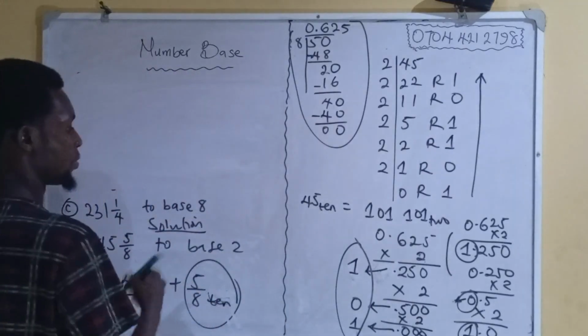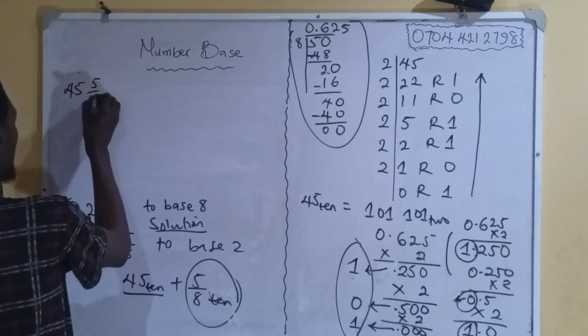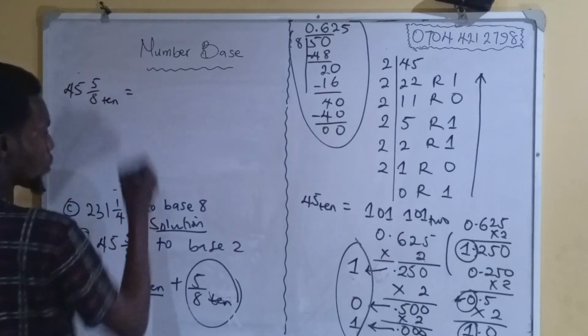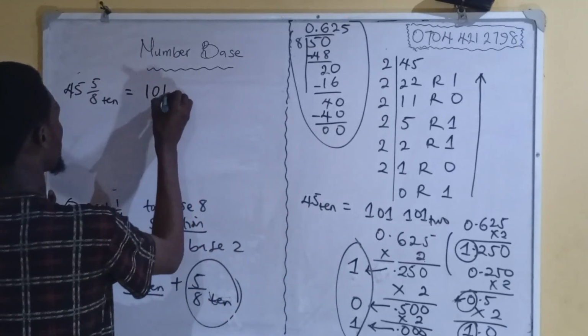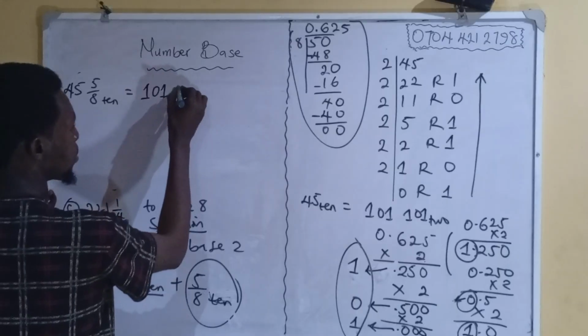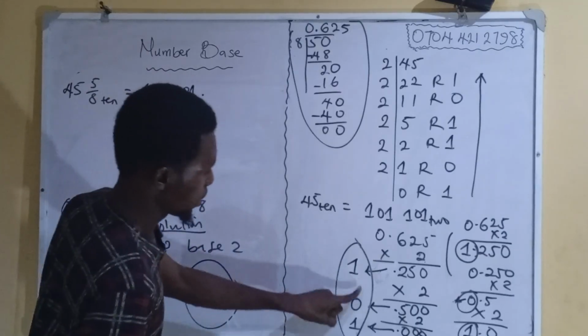So you are going to have 45 and 5/8 in base 10 equals 101 point 101 in base 2.